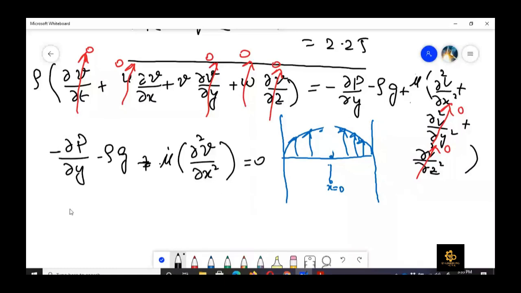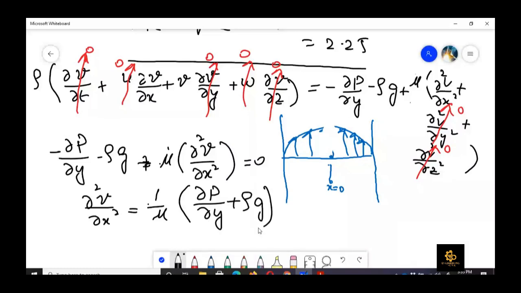So now we can write that partial square v upon partial x square is equal to 1 upon mu into partial p by partial y plus rho g. Because these are constant values, for simplicity of writing I take it equal to capital P with a small line here.